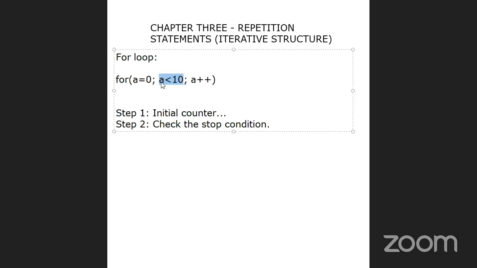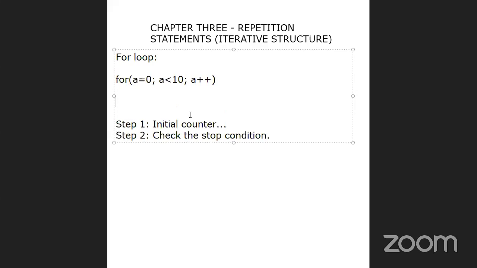The next thing, that's the stop condition. The stop condition tells us that A, this variable, must be less than 10. So if at any point we enter the value 10, the loop will stop. So the loop will only continue if the value of A is between 0 and 10. I'll write it again.